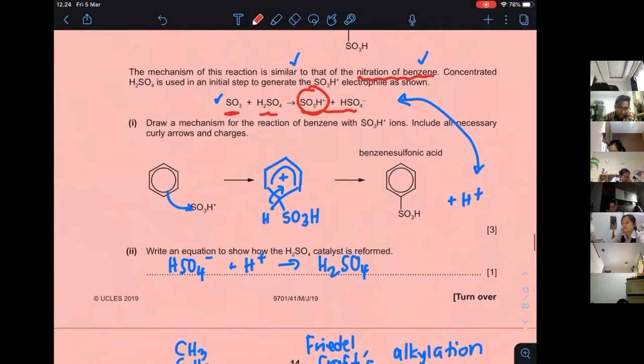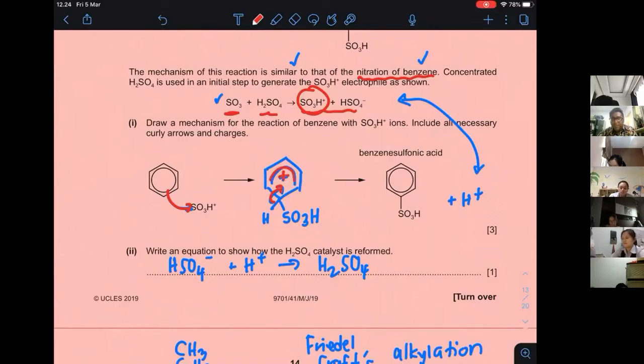The arrow will be from the ring to SO3, and then you will have this H, and from H the arrow will go inside. Do remember this one, the smiley face with the plus. Then you are going to get this, and don't forget to put H plus.